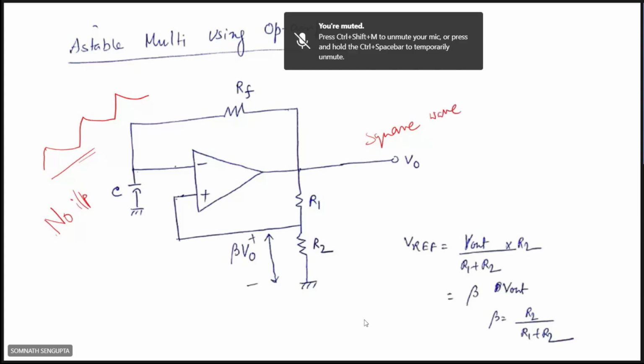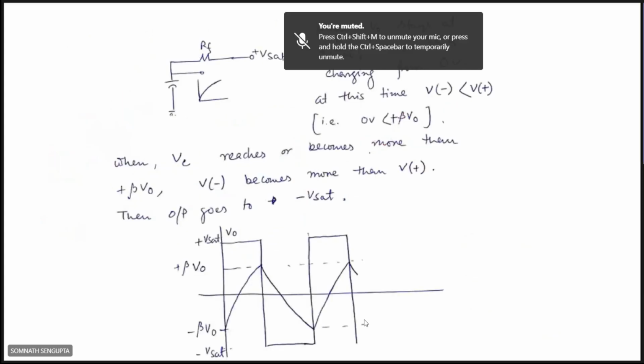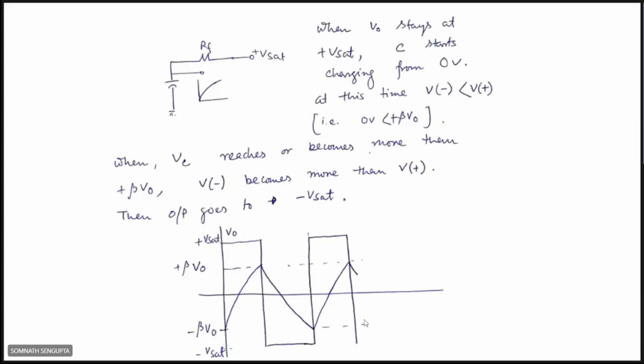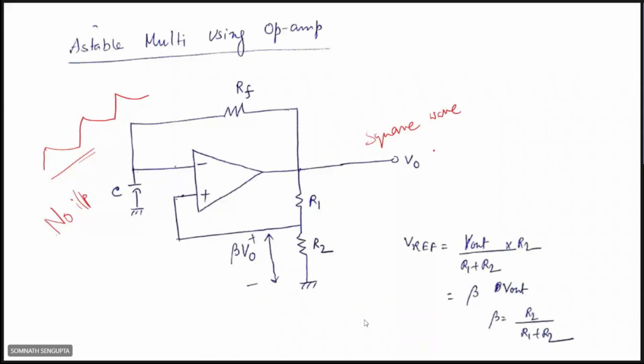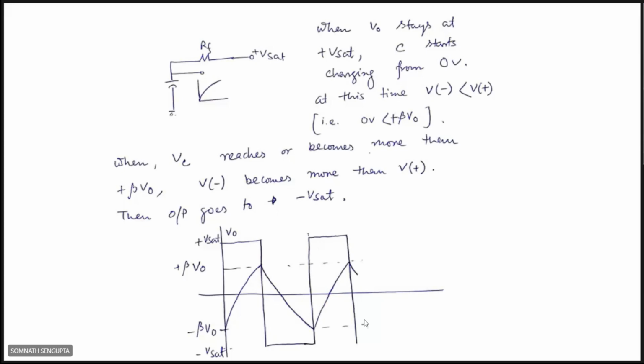Now what is the operation? Let us first assume that the output is staying at plus Vsat initially. And you see this is V naught.